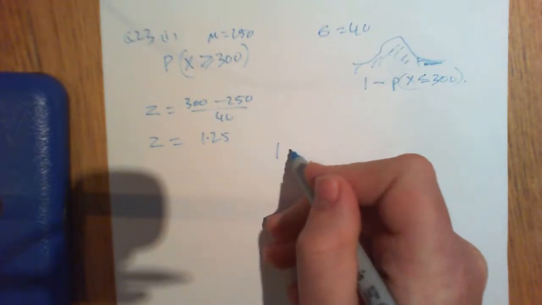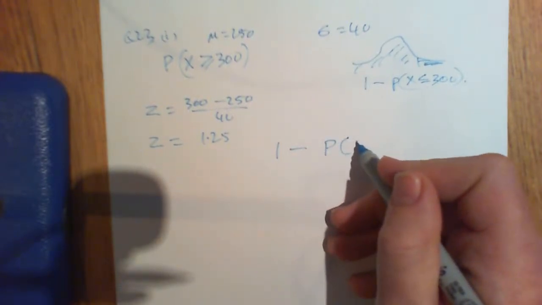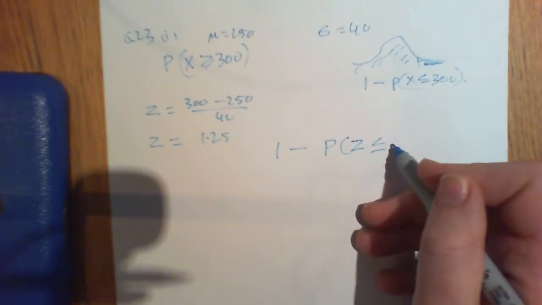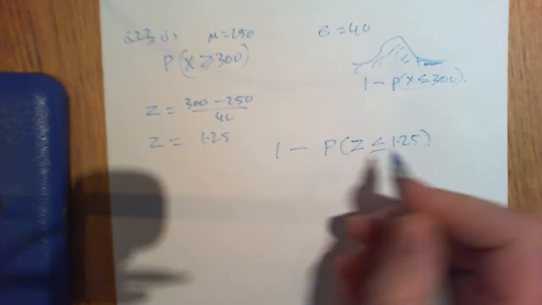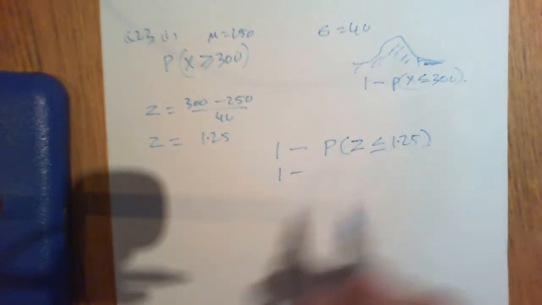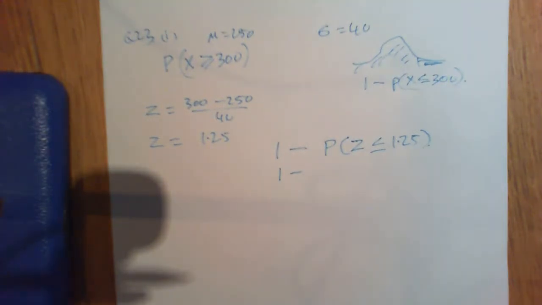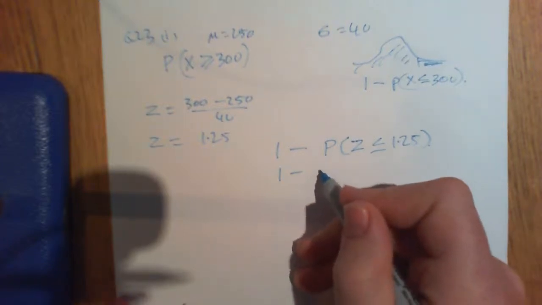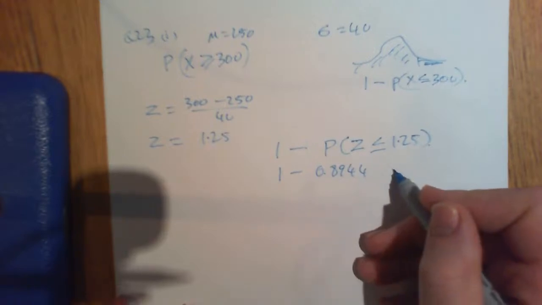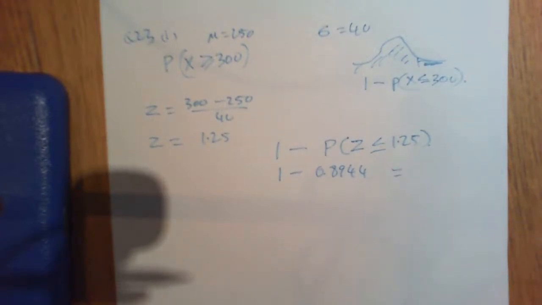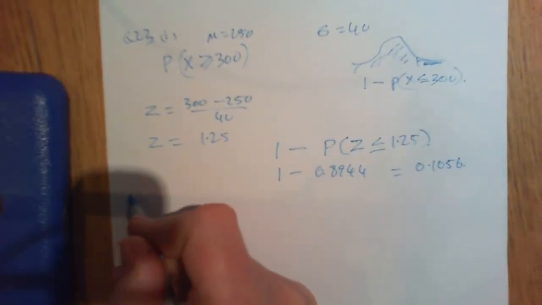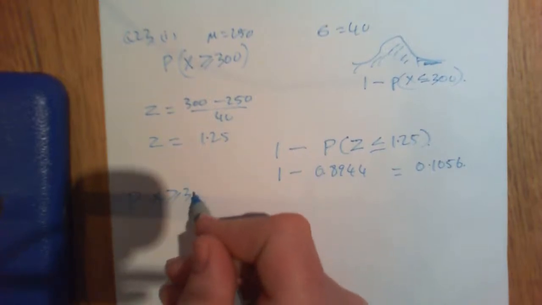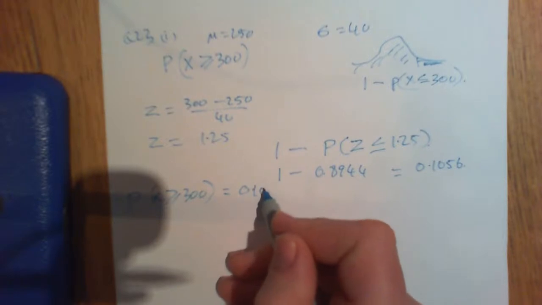We want 1 minus the probability that our z-score is less than or equal to 1.25, which is 1 minus, let's look this up now, 0.8944, which is equal to 0.1056. So the probability that x is greater than or equal to 300 is 0.1056.